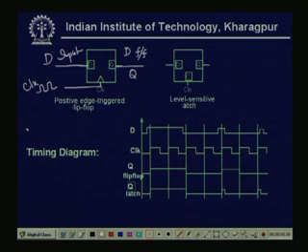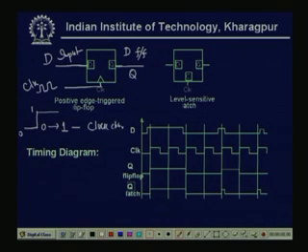That means this edge is 0 to 1, this is 0, this is 1. So, this becomes a positive edge trigger. That means, whenever the clock changes from 0 to 1, then only the D input is enabled and it will affect the output.